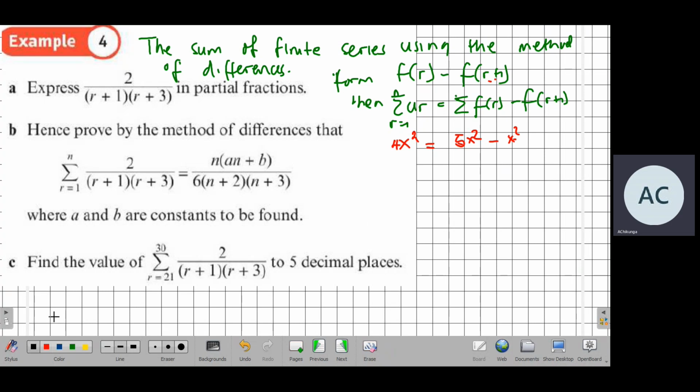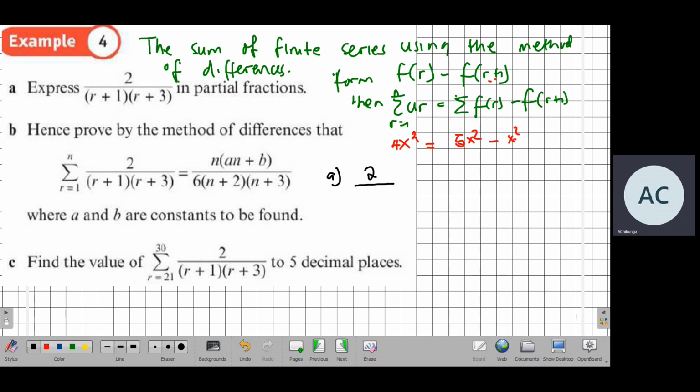Okay, so let us look at this example, which says express this function, which is a fraction, in partial fractions. The method of partial fractions is known to all now.